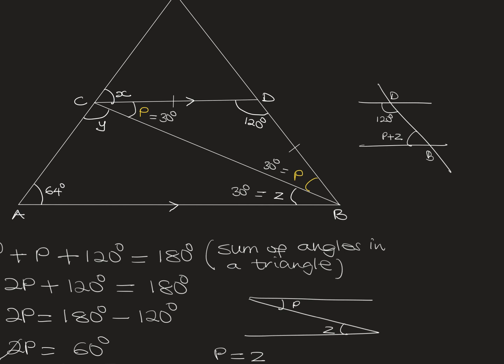If you look at this, we have a triangle here, okay? ABC is a triangle. So Z is known. We know this angle as 64, so we can find Y, right?